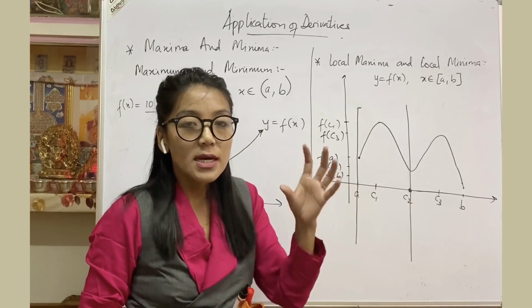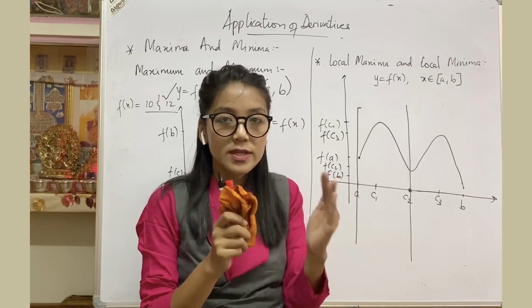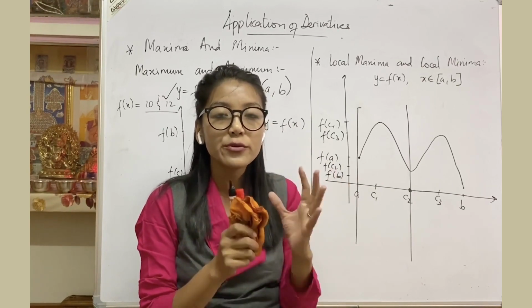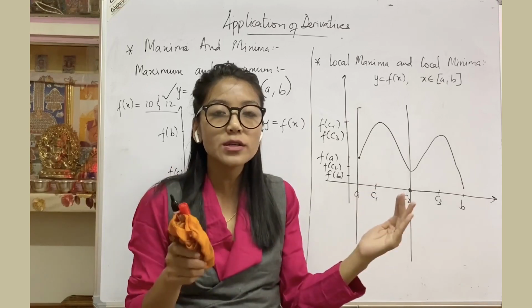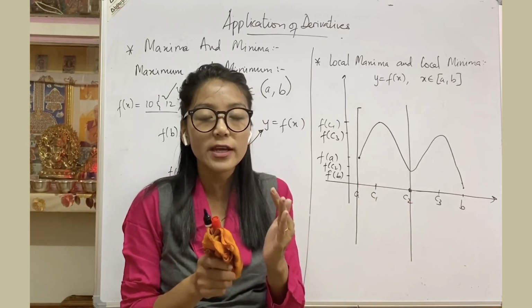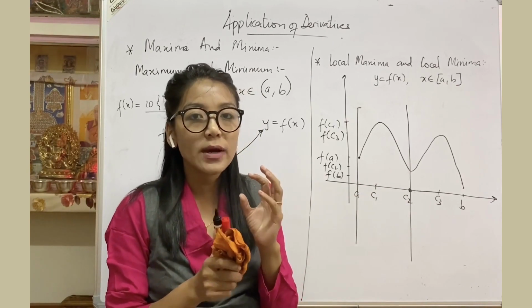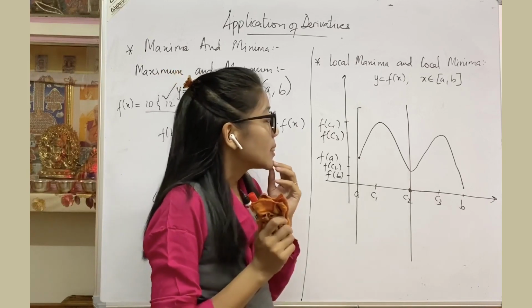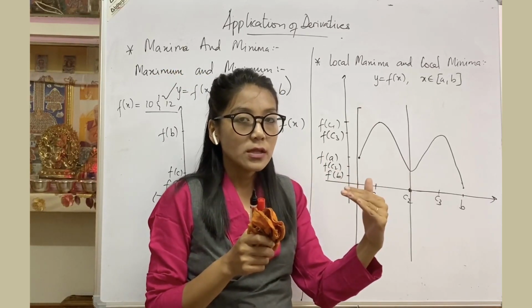Local maxima means the maximum value of the function in certain sub-intervals, in restricted intervals. So locally you are finding the maximum value of the function. Locally means not taking the whole interval, you are dividing it into sub-intervals, and then in that interval you are finding the maximum and minimum value, which is called local maxima and local minima. Now one more thing you have to remember is when you divide it into intervals.